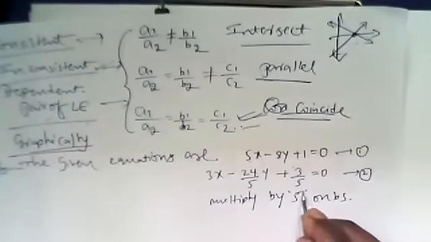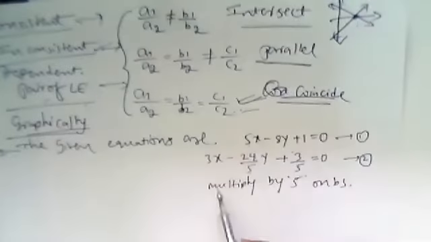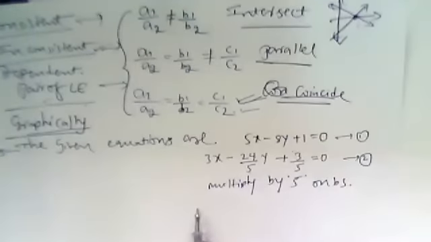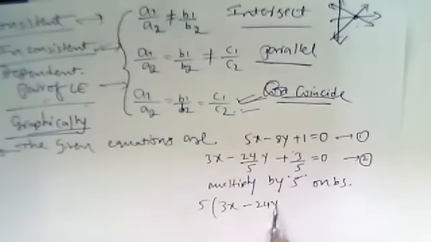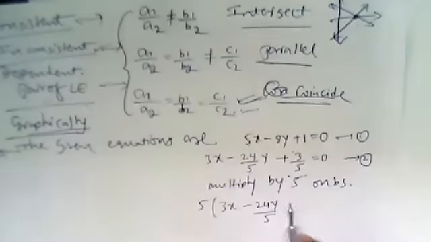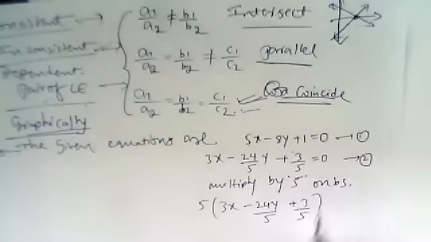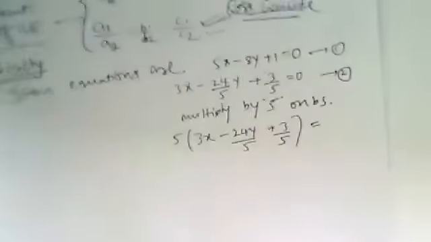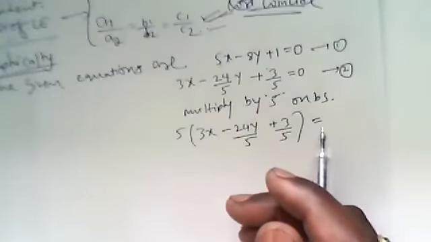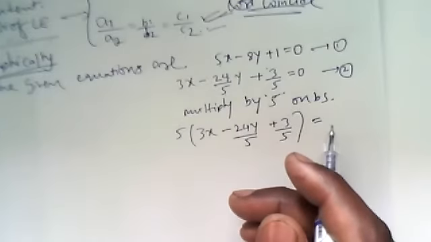What happens when we multiply? 5 into (3x minus 24y by 5 plus 3 by 5) is equal to, what is the value of RHS after multiplication?